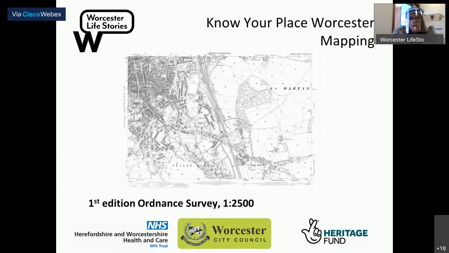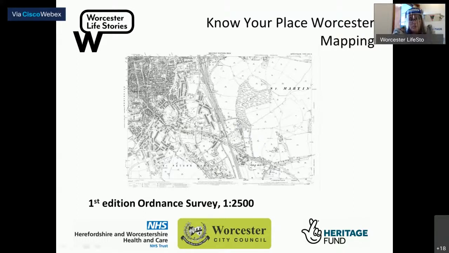So one of the ladies that got in touch in advance of the workshop asked about geographical coverage, and just to reiterate that Know Your Place Worcester currently is planned for Worcester City and not the wider county. So the mapping that we will include will go out to the boundary extents where that's available.